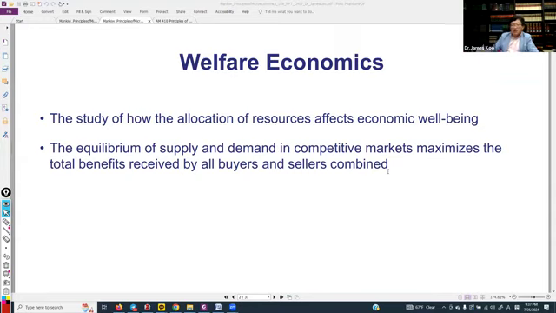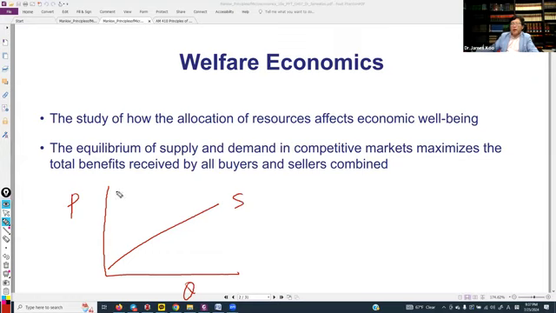Everybody remember, here is the price, here is quantity, here is the supply curve and the demand curve. And then the equilibrium of supply and demand.